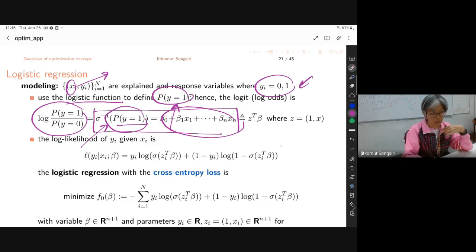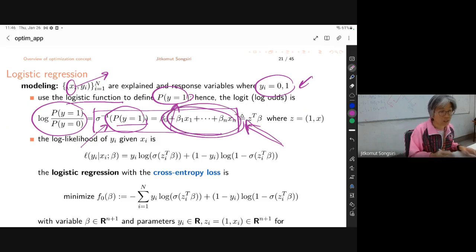In terms of modeling, it basically says that my X explains Y, right? My input explains the output, but I define it in a way that I have this linear function in the predictors, and it plays a role to define the probability of one class via the inverse of a logistic function.